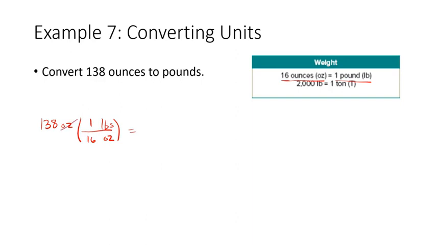And so we're going to divide 138 divided by 16, and that'll give us the number of pounds, which is 8.625 pounds. The process only involves multiplication and division, and it's the same as all of the time examples we did. We're just using different conversion factors, ones you're probably less familiar with.